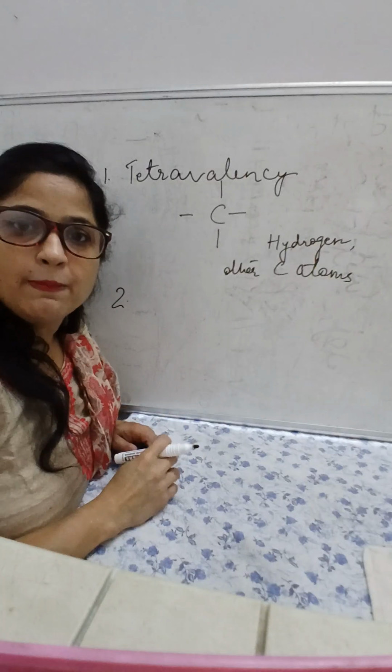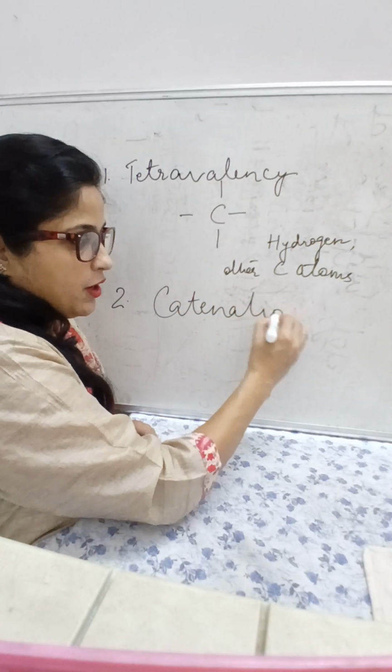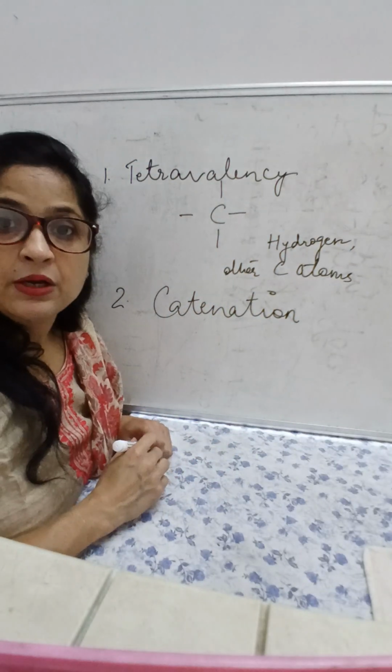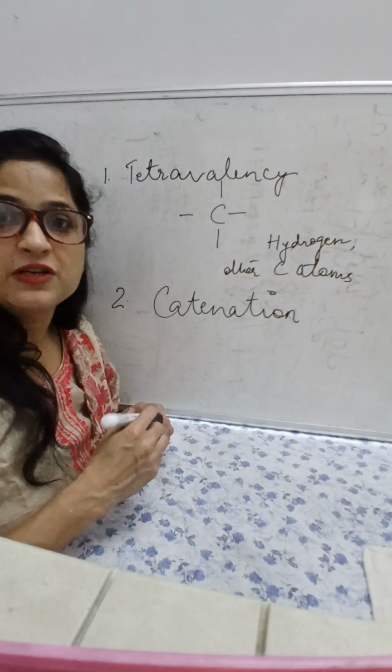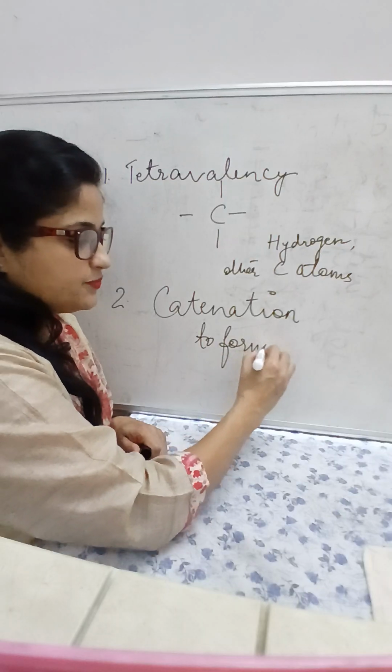The second property of carbon is catenation. I don't know how many of you understand the meaning of catenation. Catenation is the ability of the carbon atom to form long chains.